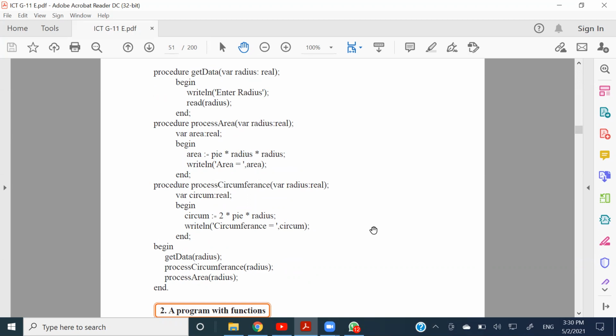And how many parameters are there in the get data procedure? Only one, that's correct. And what's the data type of it?